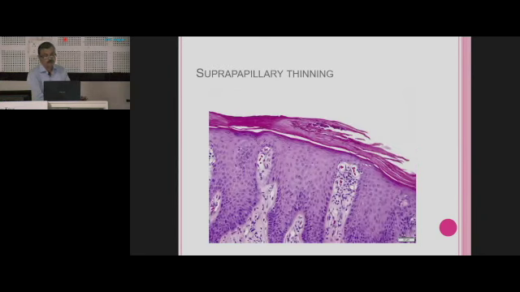The suprapapillary thinning of the epidermal plate.